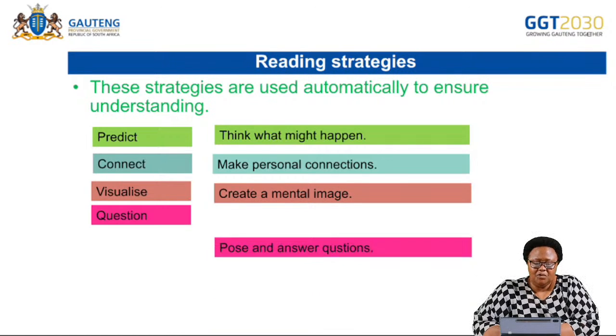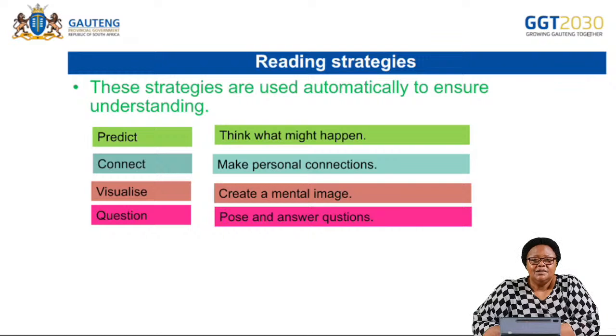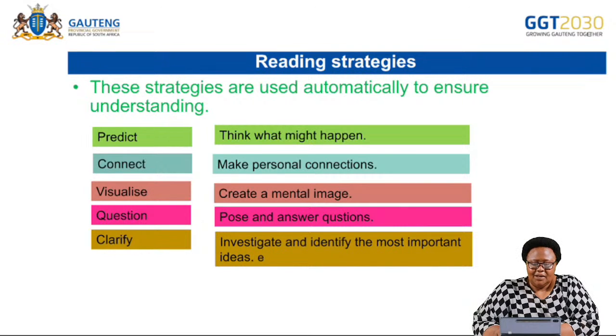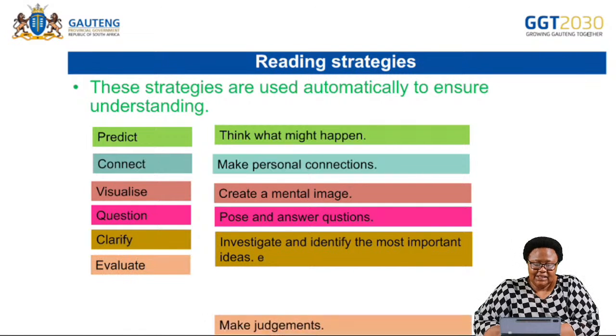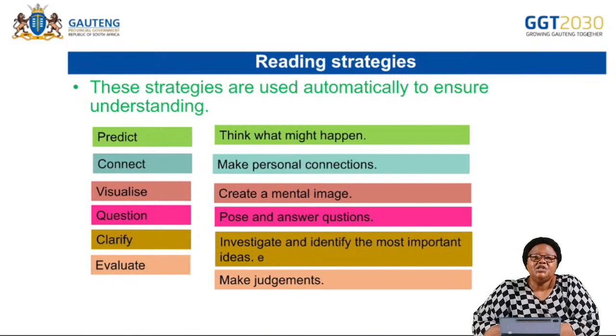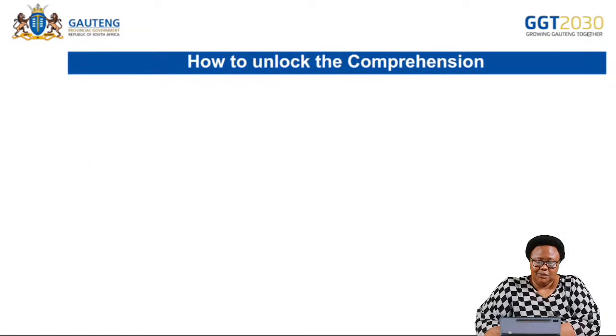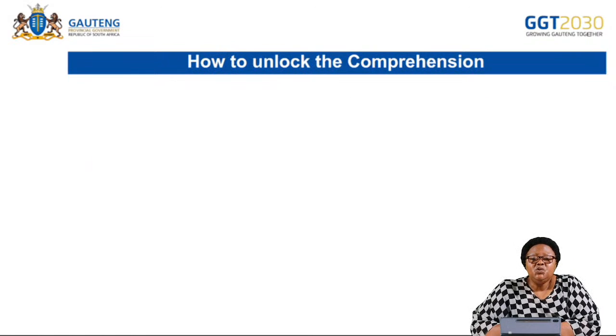And then you ask yourself questions about the passage. You clarify. As you clarify, you identify the most important ideas. And then lastly, you evaluate, that is, you make judgments about the passage that you have just read or you are reading. And then now we're coming to unlock the comprehension.